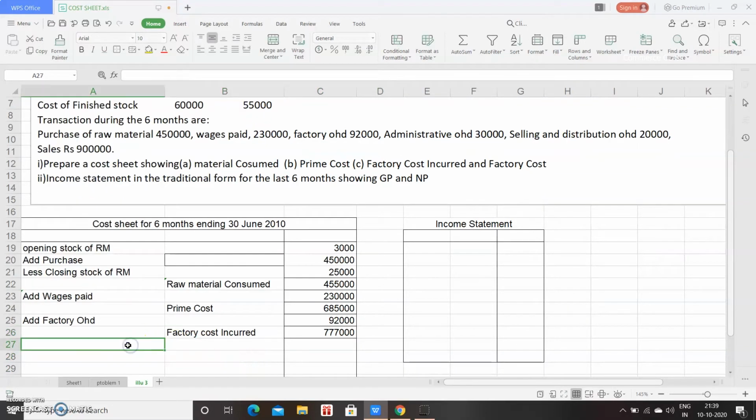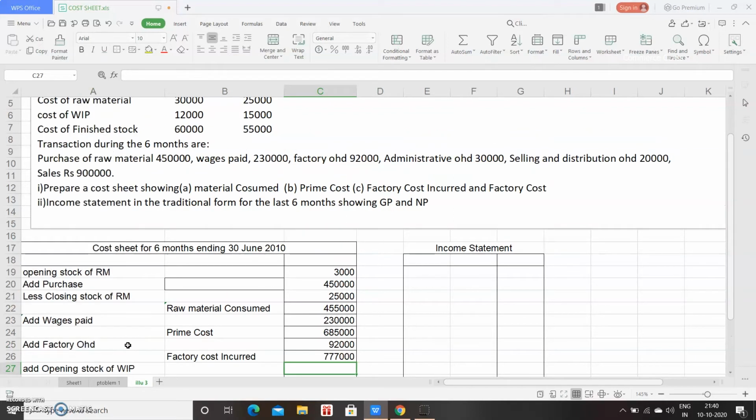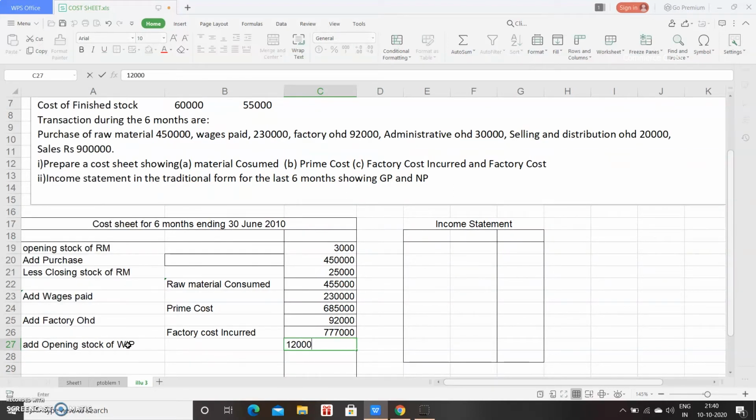Now with this we'll add and deduct the opening and closing stock of WIP to find out the factory manufacturing cost. So add opening stock of WIP, which is given here as 12,000, and less closing stock of work in progress, which is given at 15,000.